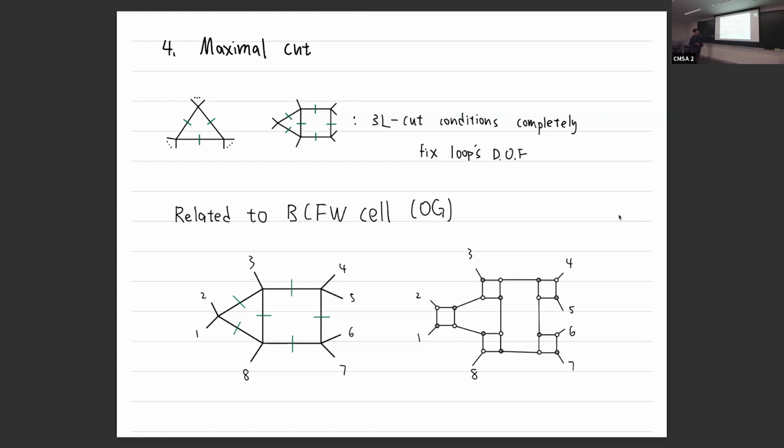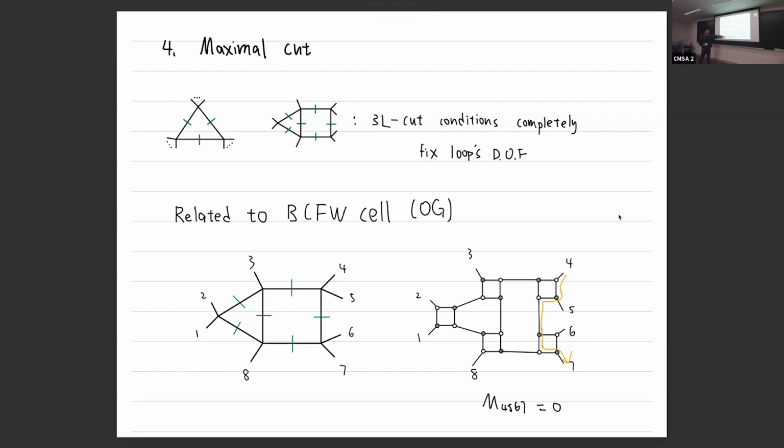So, for example, this 2-loop 8-point maximal cut on-shell diagram is actually just the medial graph. It means that each vertex is quartic, and each quartic vertex we can blow up into an on-shell diagram. And this is a boundary coordinate for the positive orthogonal Grassmannian. So we can also read off which minor vanishes.